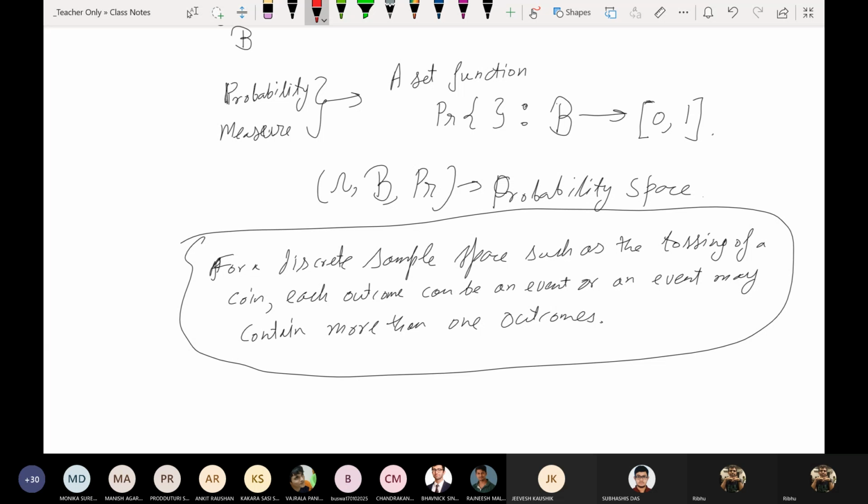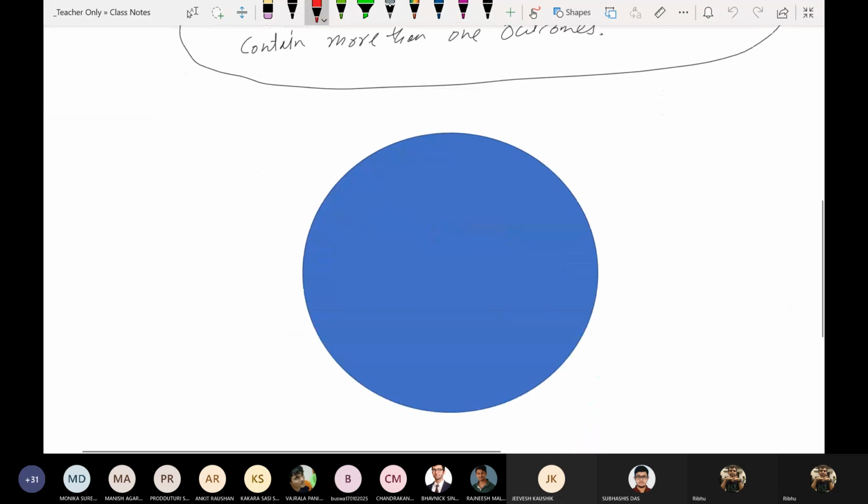Now, this definition does not easily generalize to continuous sample spaces. So for example, consider this circle, and on this circle, say this is 0, and clockwise.